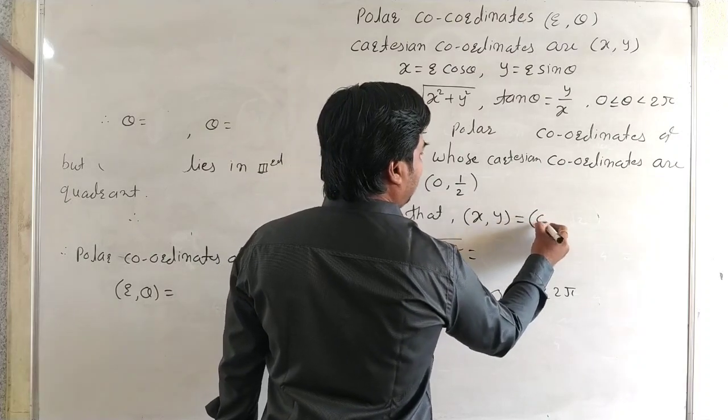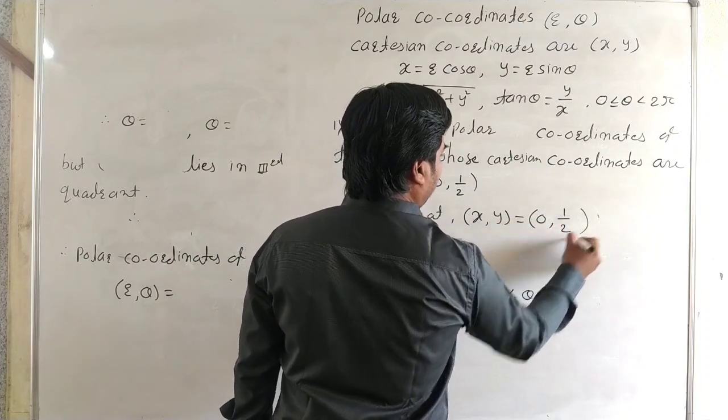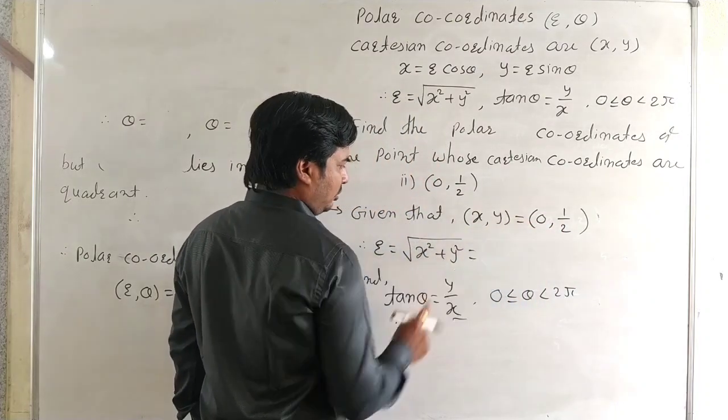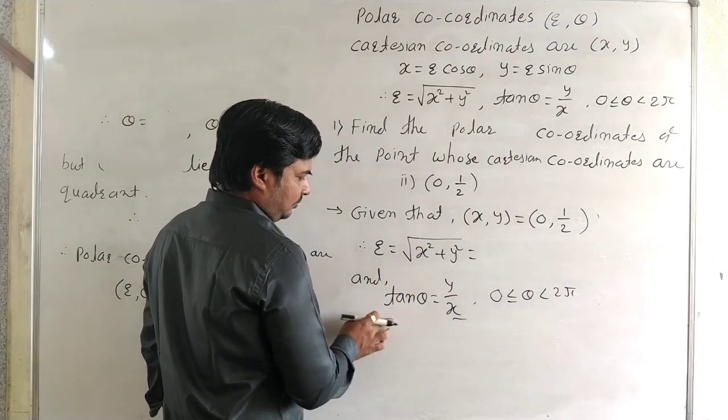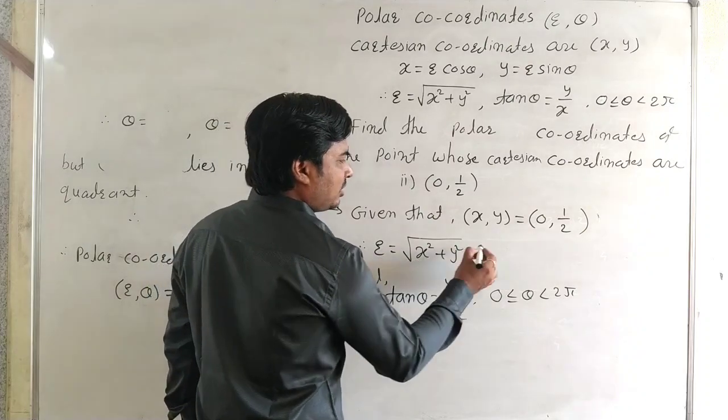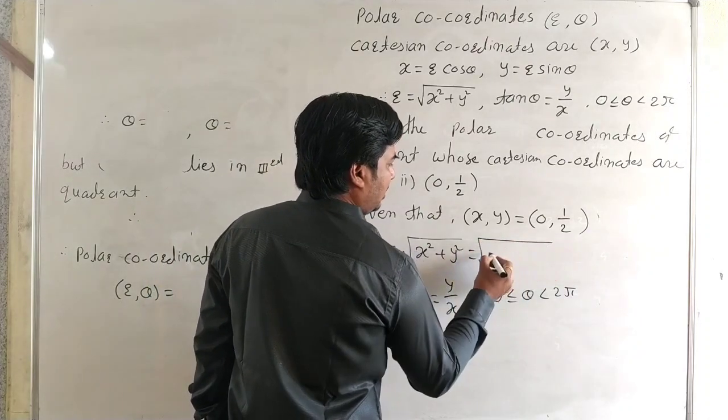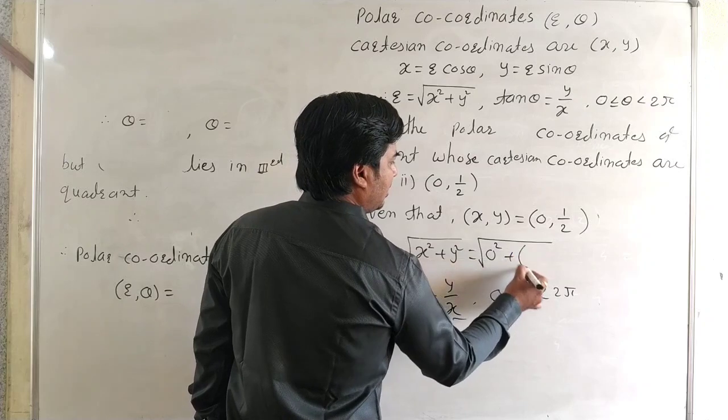Here the given x comma y is 0 comma 1 by 2. X is equal to 0 and y is equal to 1 by 2. Then we want to find r comma theta. Here r is equal to under root of x square plus y square.